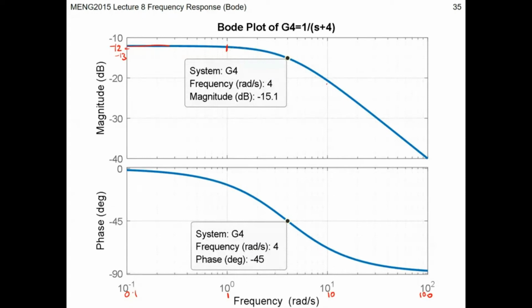And then it curves around, and by the time you get to around 10, you see that we basically have a straight line going down here. So by the time we get to 100, we're going from minus 20 to minus 40. So that's our 20 decibels per decade at the higher frequencies.